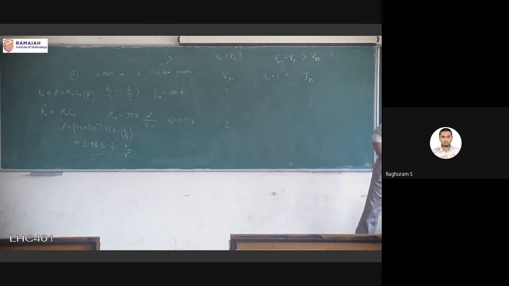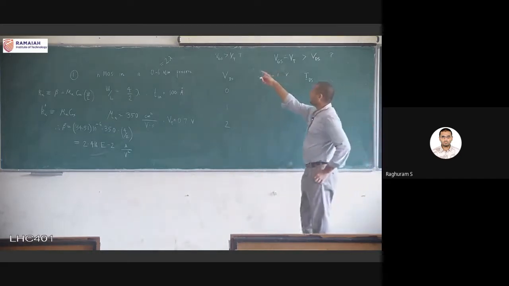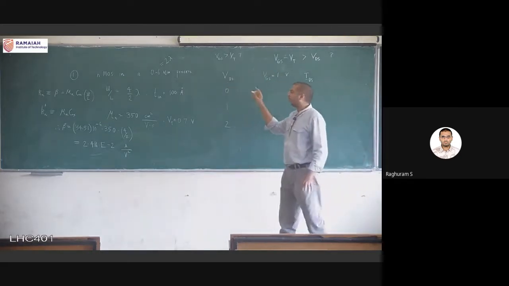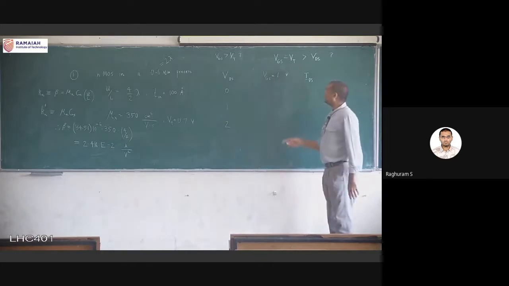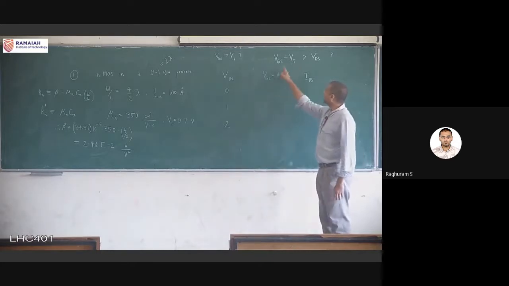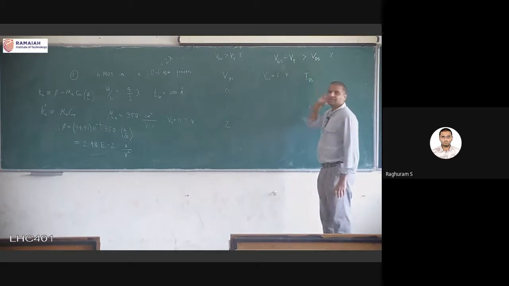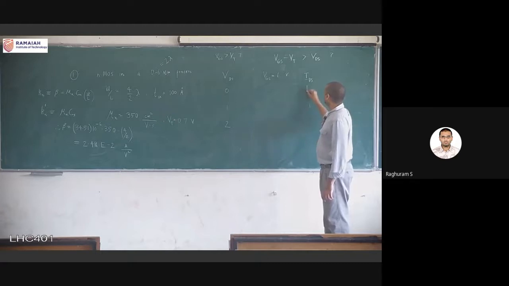First we have already checked that one, so it is on. The second one, VGS minus VT: in this case, 1 minus 0.7 is 0.3. 0.3 is greater than VDS, which means it is in linear mode of operation. Linear, I will write that.